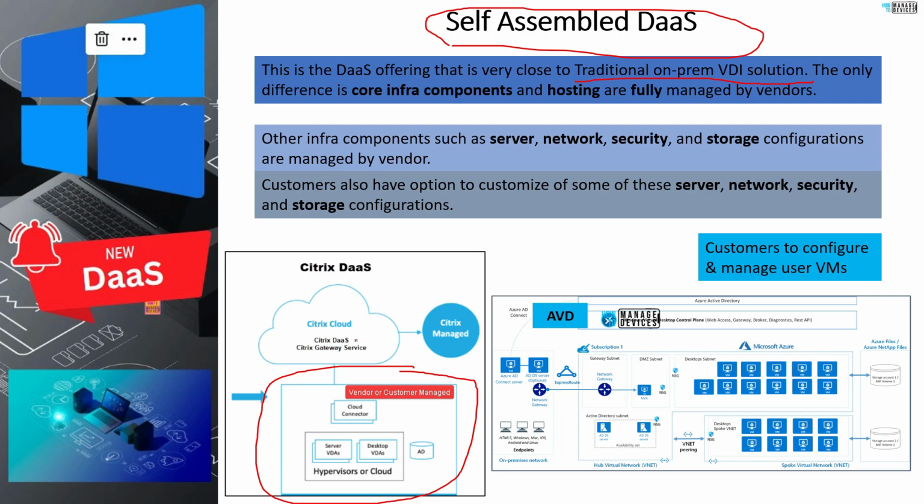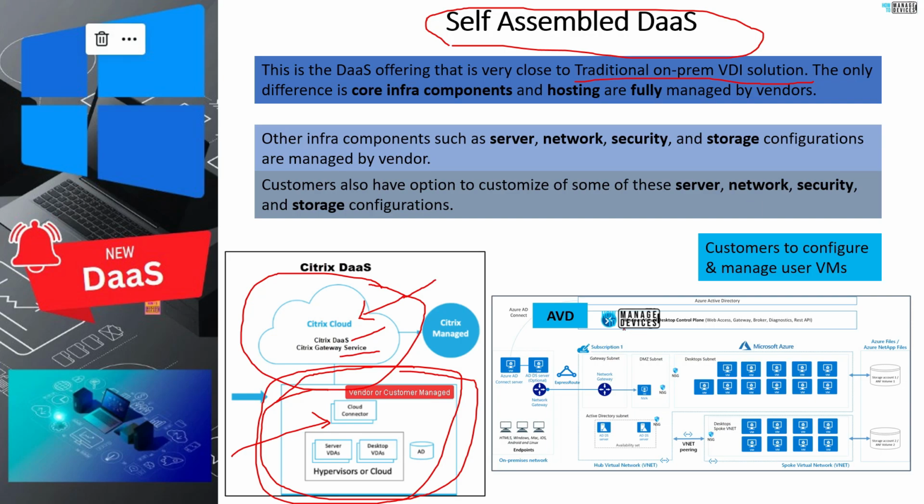Over here, if you check the Citrix example, you can see some parts of the solution are managed entirely by Citrix, and that is called Citrix Cloud. Citrix Cloud has many components. One of them is Citrix DaaS and the other one is Citrix Gateway Service. So this is the vendor part, where customers need to manage everything inside that box. We'll see more details about this in a bit.